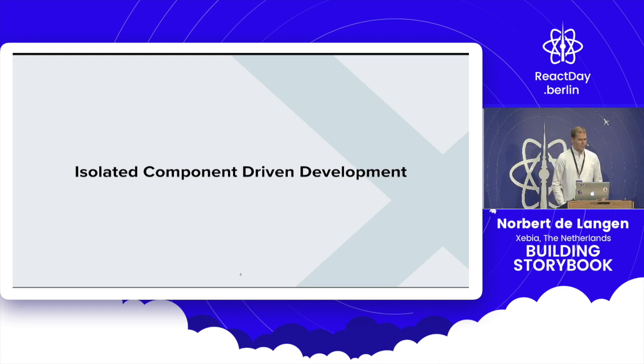So what is isolated component-driven development? Well, I'm at a React conference, so I don't have to explain what components are. And I don't have to explain that components encapsulate a piece of UI. But oftentimes, when you're developing your application, you have this tendency to create the application first and then create components in it and components in that.